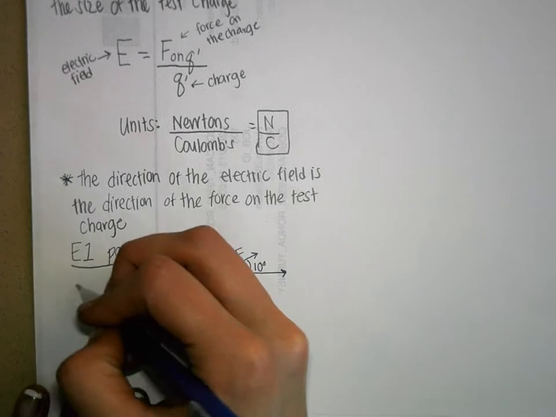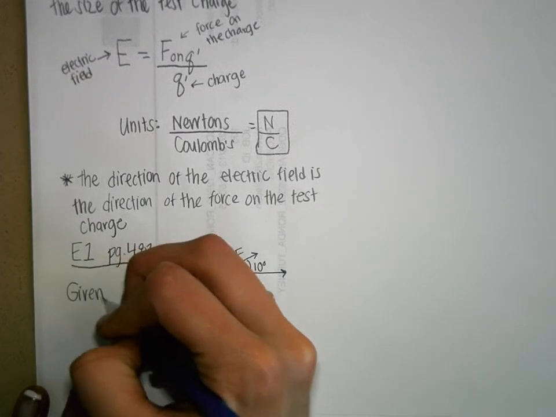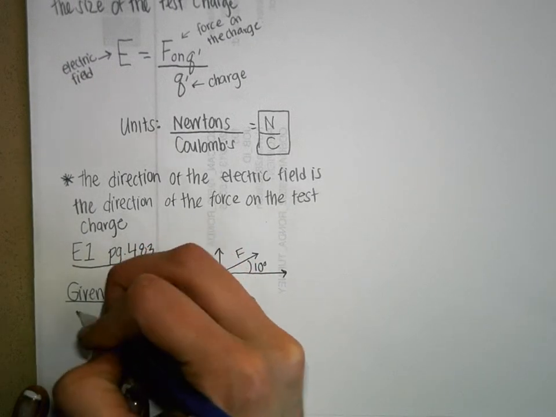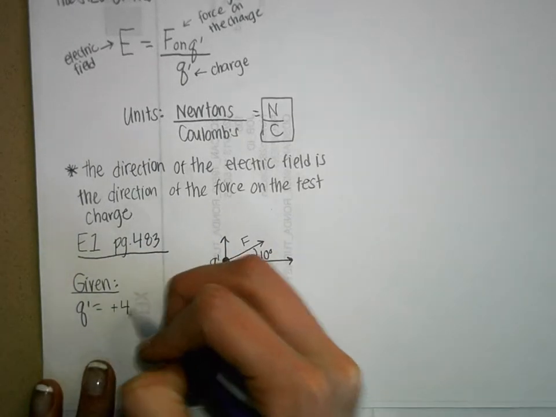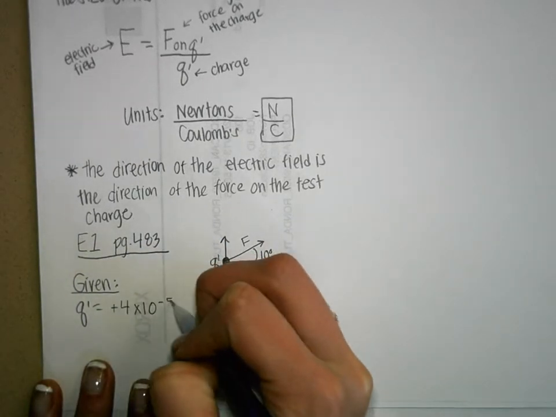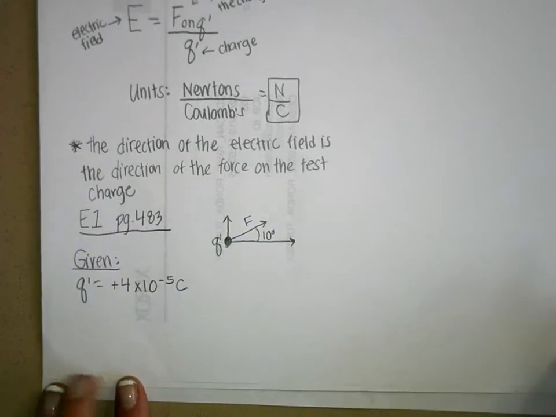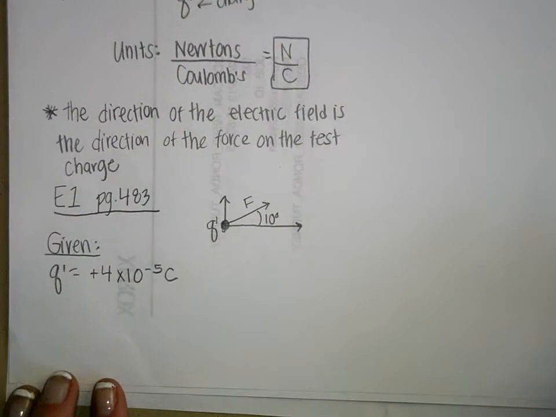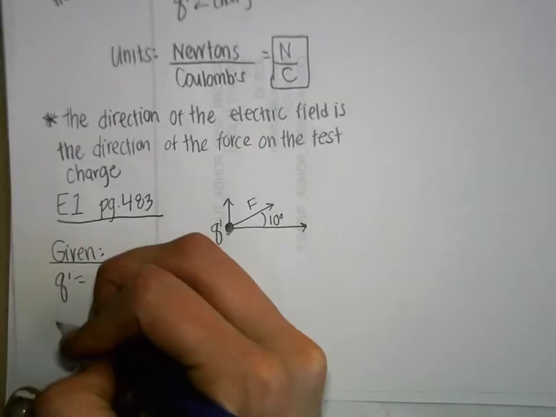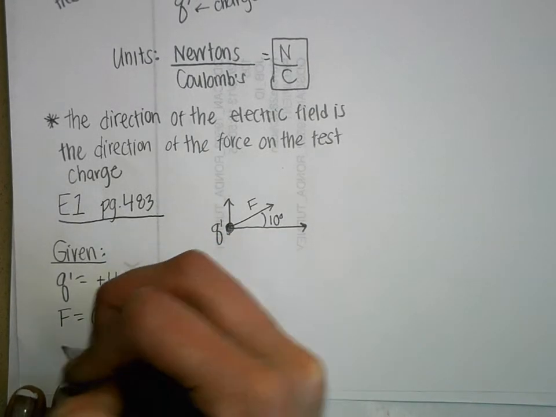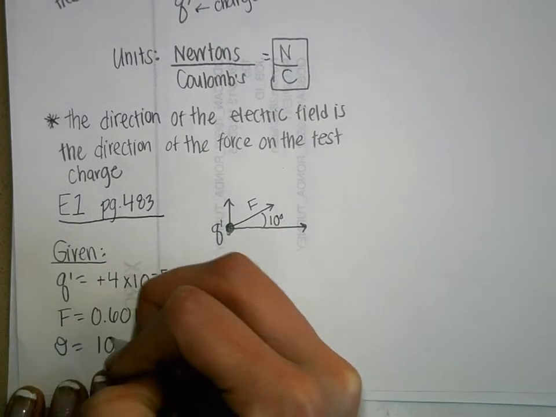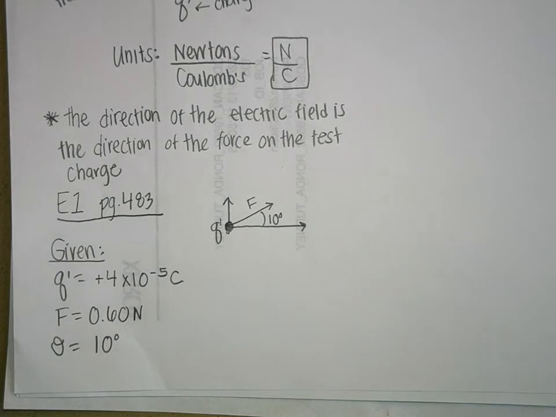So we were given that the charge is positive 4 times 10 to the negative 5th coulombs. And the force is equal to 0.6 newtons, and the direction of the angle is 10 degrees above the x-axis.